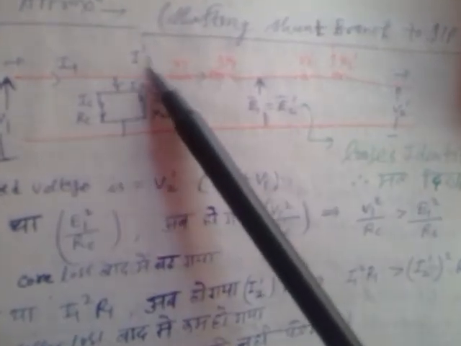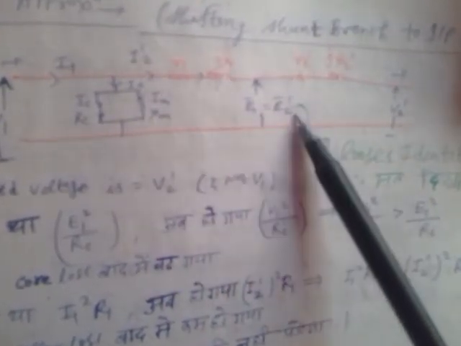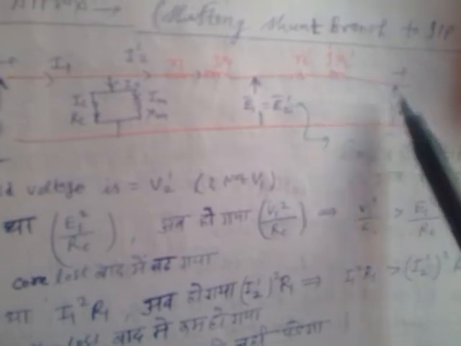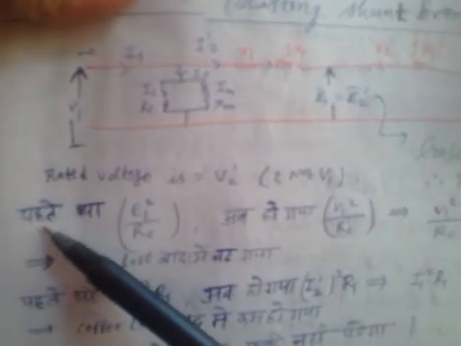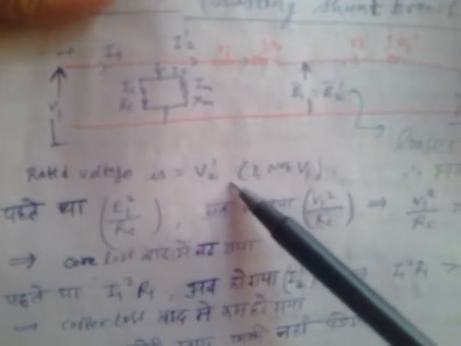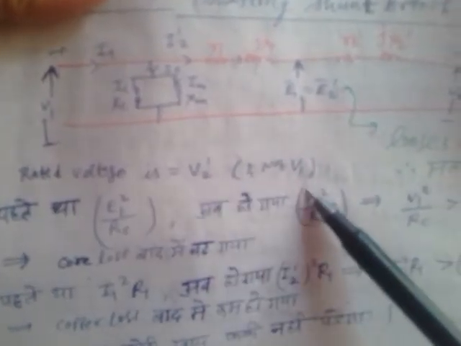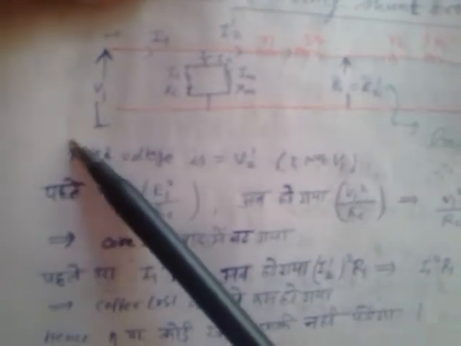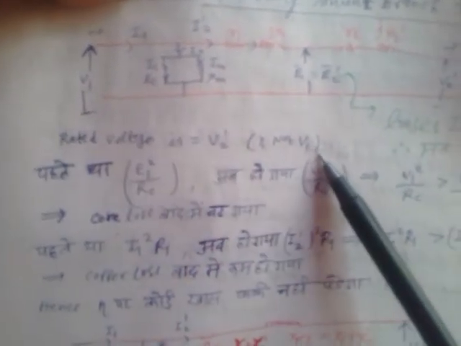Here this is I2 dash, R1 jX1, E1 is equal to E2 dash, R2 dash jX2 dash, here V2 dash, right? So here rated voltage is V2 dash and not V1, right?